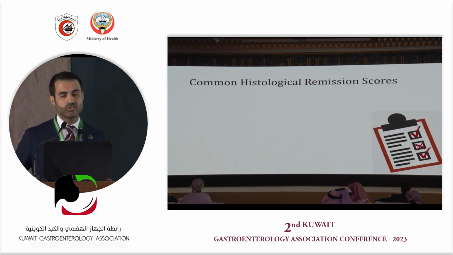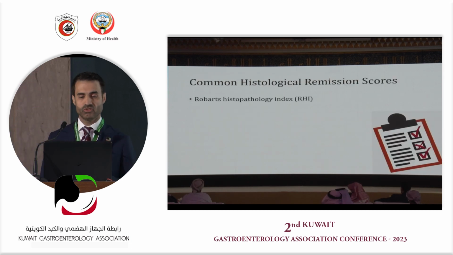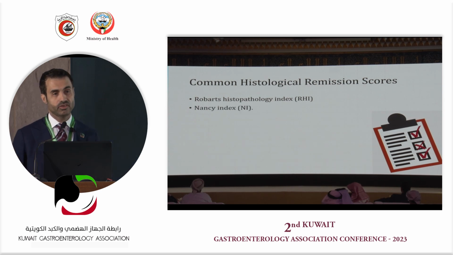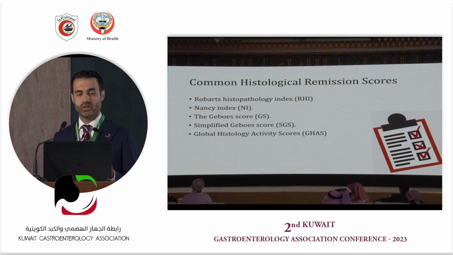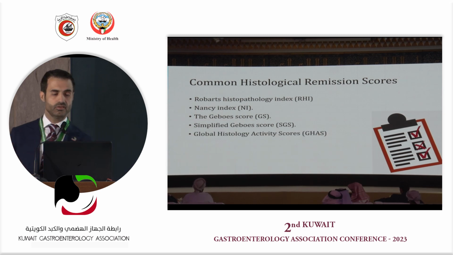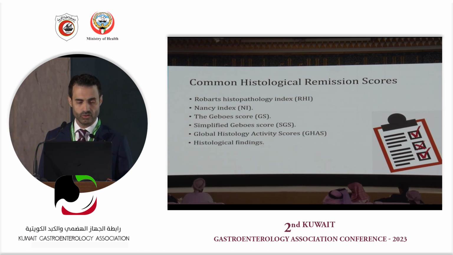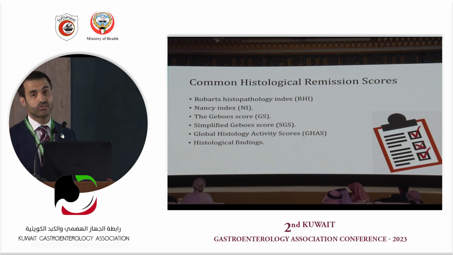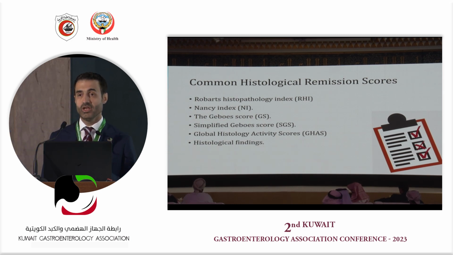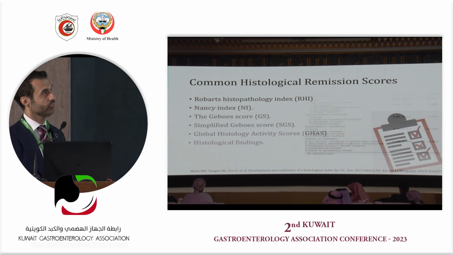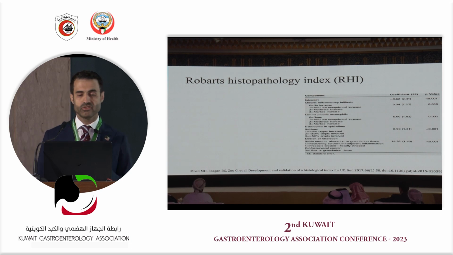So the common histological remission scores are the Robarts Histopathology Index, the Nancy Index, the GHAS score, the simplified GHAS score, and the Global Histology Activity Score; these are the common UC scores. Some studies report just histological findings, which we'll talk about later, without a scoring system, just absence of erosion or ulceration. So what's the Robarts Histopathology Index?